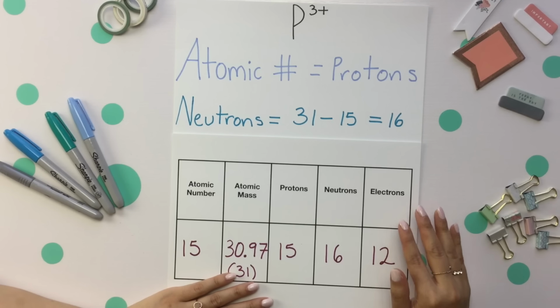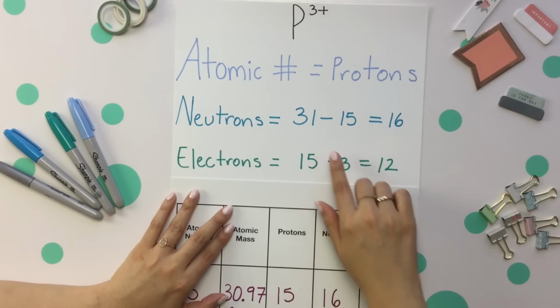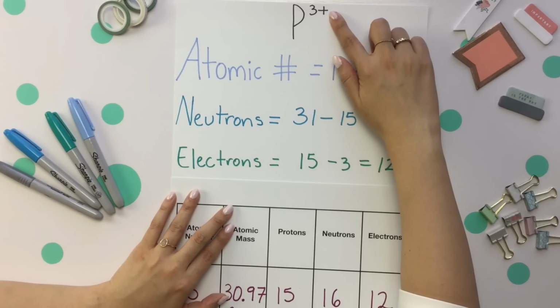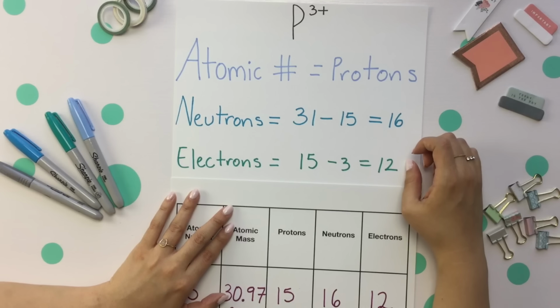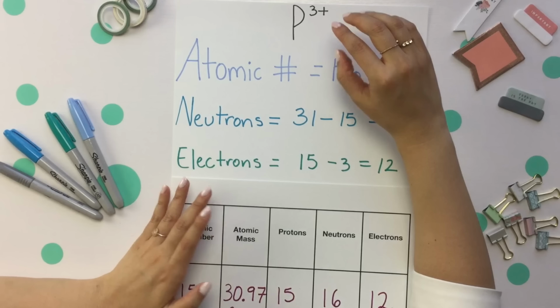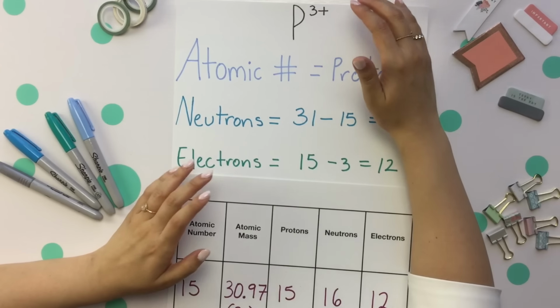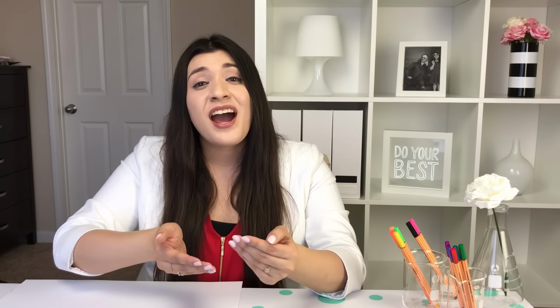Our electrons are the only thing that changes. So we'll take our protons and subtract our total charge of 3, and that'll give us 12. Once again, our charge is a +3, so this is actually going to subtract from our electrons, since electrons are negatively charged.